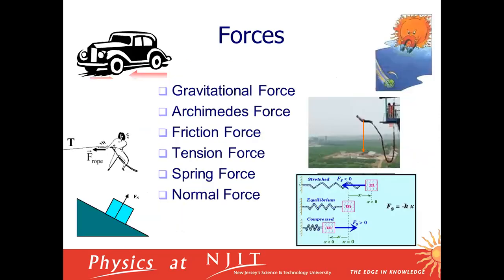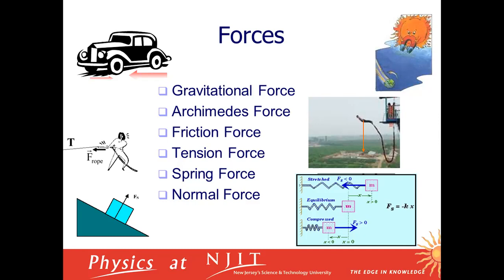We have different types of forces. We have gravitational force, Archimedes force, which can be seen in buoyancy. We have frictional force, the movement of bodies on smooth or rough planes. We have tension force, which is applied on strings and ropes.